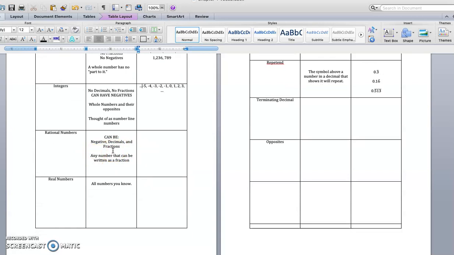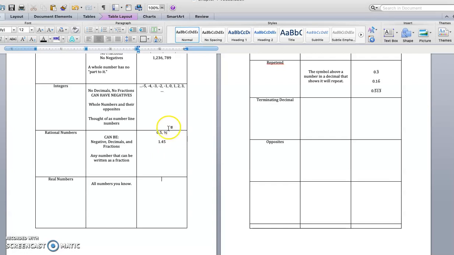Then we get to our rational numbers. Rational numbers are now we can have decimals and fractions. So they are all of these, and now we can have decimals and fractions. But they have to be a decimal that could be written as a fraction. So for example, 0.5 can also be written as 1/2. They're the same thing. So 0.5 is a rational number. 1.45 is a rational number.